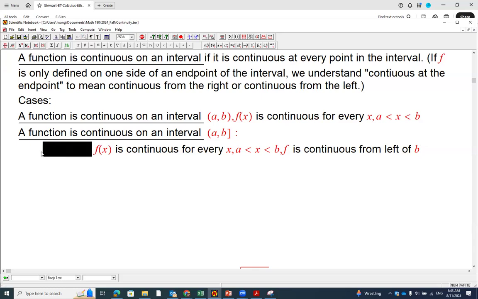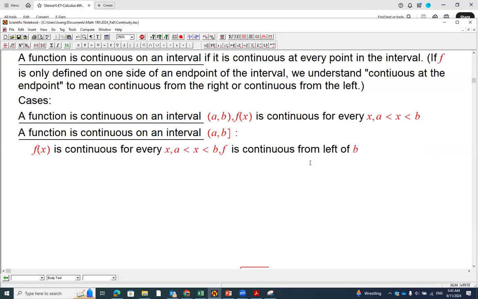What does it mean to be continuous from the left of b? We can apply the definition: the limit of f of x as x approaches b from smaller than b equals f of b. That's the second case.